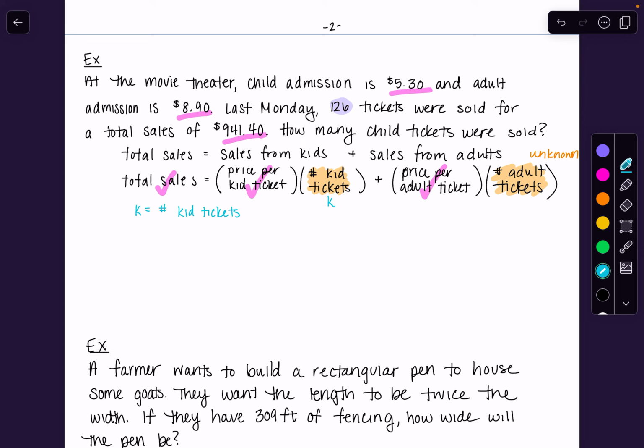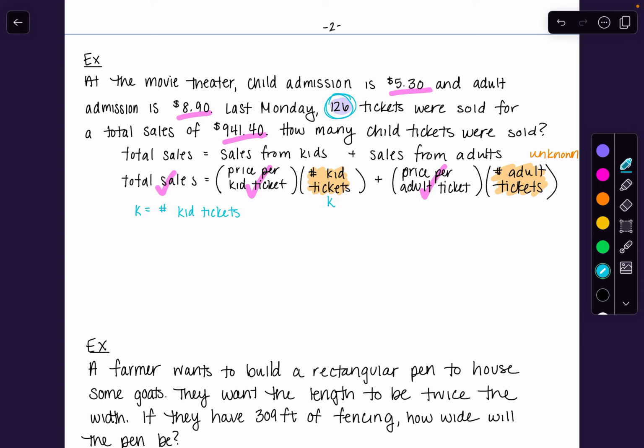Okay. So if I can come up with some kind of expression for the number of adult tickets involving K, then I can set up this equation. If you think about it, not in formula form, if I say that we sold 6 kid tickets, that would mean that there would have to be 120 adult tickets sold because the two need to add up to 126.